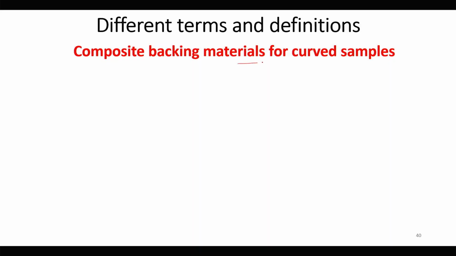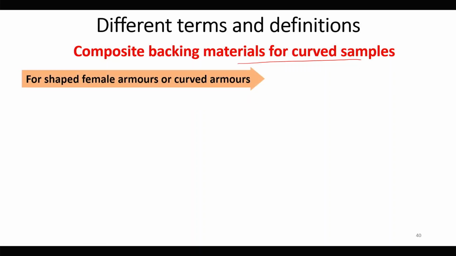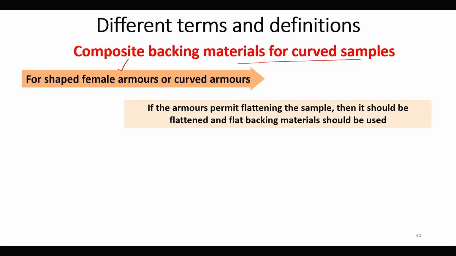and backing materials for carved armors. For shaped female armor or carved armors, we have to change a little bit. If the armor permits flattening the shape, then it should be flattened and the flat backing materials will be used. The armors are the same, even if it is a female body armor.